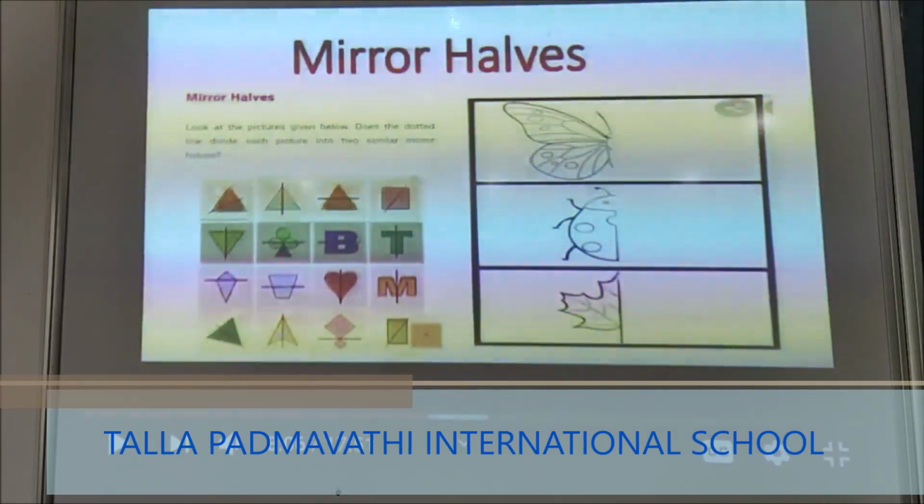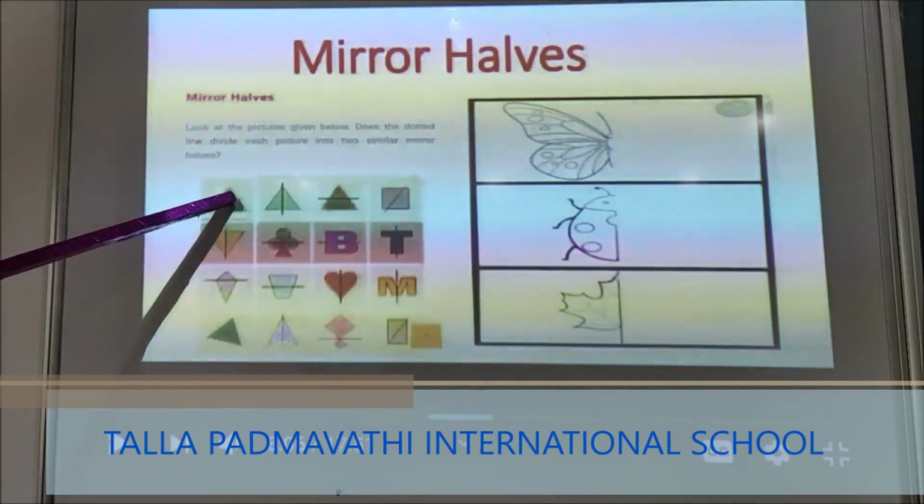So here are some shapes and alphabets which are divided using a line. We need to find out whether they are symmetric or not, or we can also say whether they are exact mirror halves or not. So let us check one by one. Here you can see a triangle.